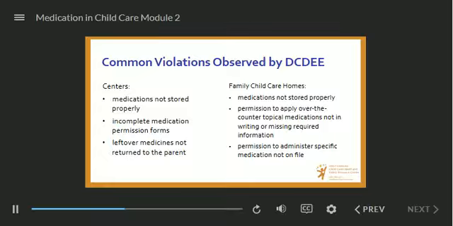Remember, all medications, except for emergency medications and over-the-counter, non-medicated topical items, must be stored in a locked cabinet or container. 2. Permission forms were missing or did not contain all required information, such as a lack of criteria for giving as-needed medications, or medications without the expiration date listed. And 3. In child care centers, leftover medications were not returned to the parent within 72 hours.